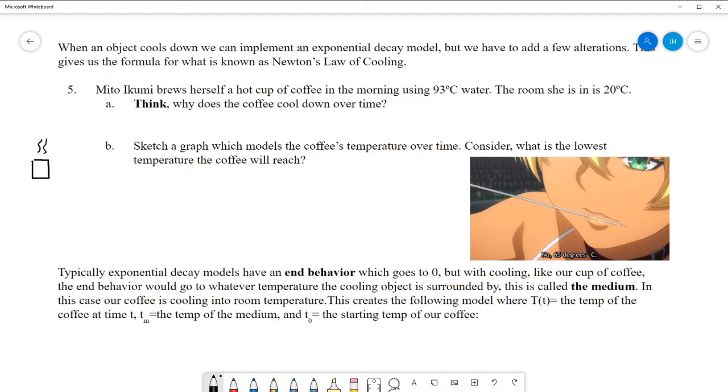That's the steam from the coffee mug, that's the heat escaping, right? Now, in a room, there's no way this coffee is going to make the room hotter, right? So all we have to worry about is what temperature it is outside. The coffee itself is 93 degrees Celsius, and the room outside is 20 degrees Celsius.